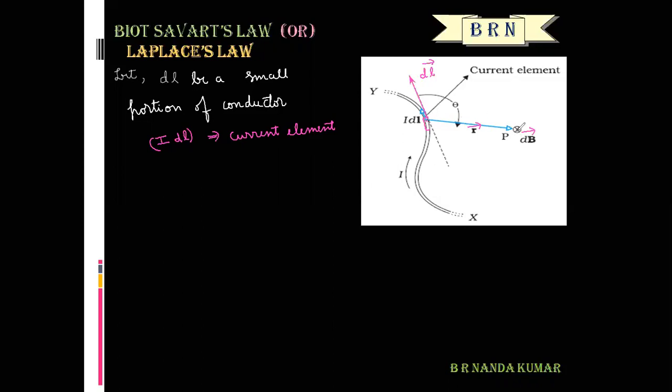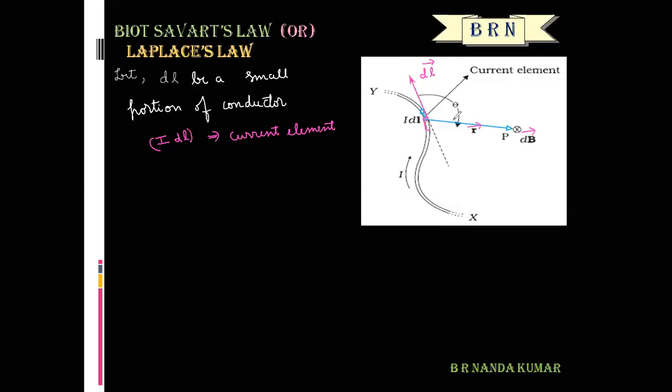So here what is the direction of magnetic field? dB vector is perpendicular to the plane containing the two vectors, that is dl vector and r vector.